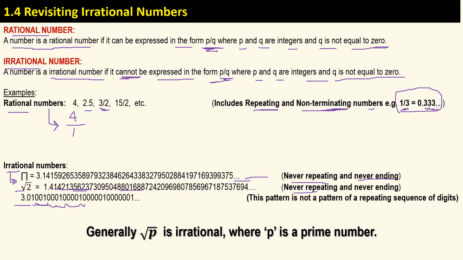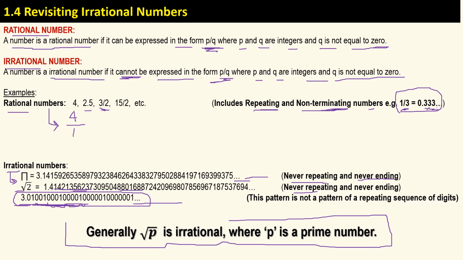So here we see a pattern that a digit 0 is being added every time, but this is not the pattern of digits being repeated, and it is also a non-terminating number. So we can say that this number, which is written here, is also an irrational number. And also in general, the square root of p is irrational when p is a prime number, or in other words, the square root of a prime number is an irrational number.